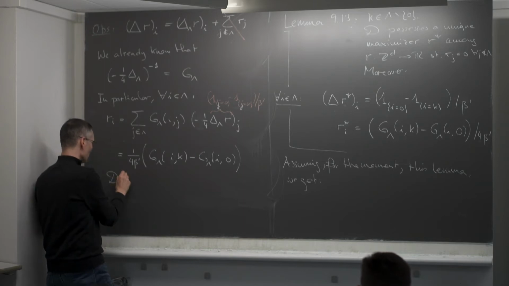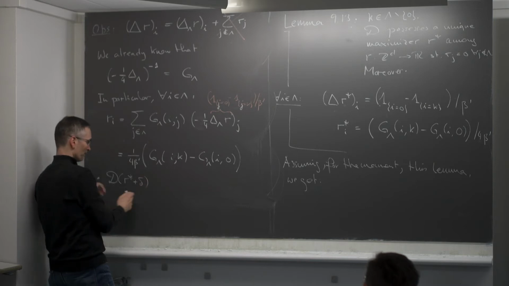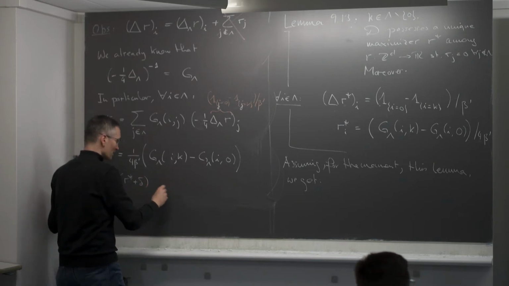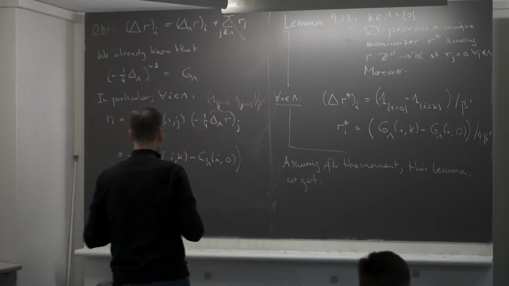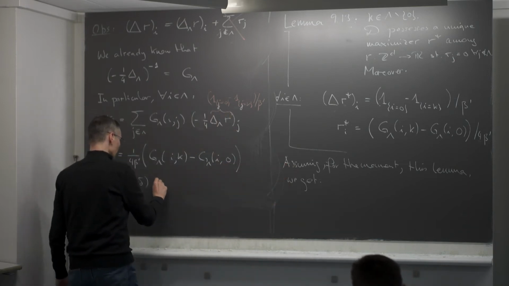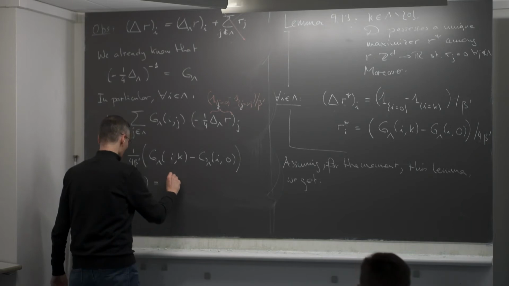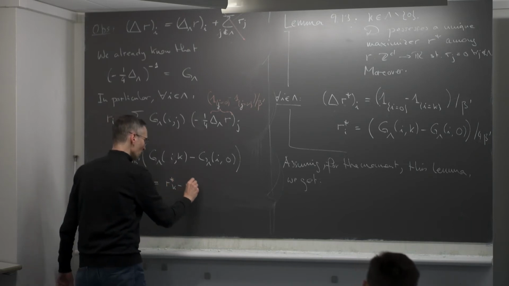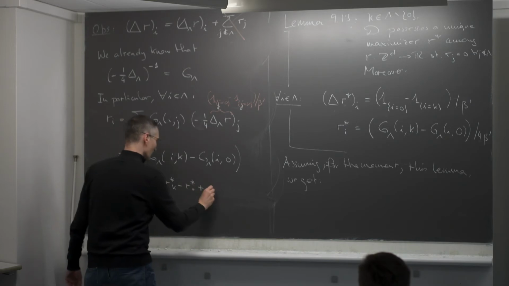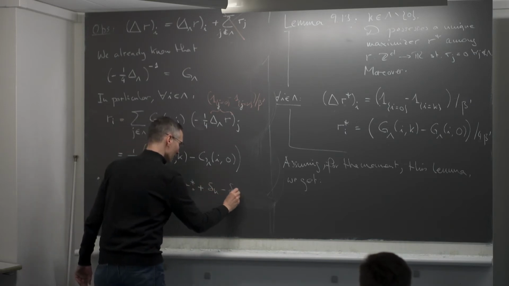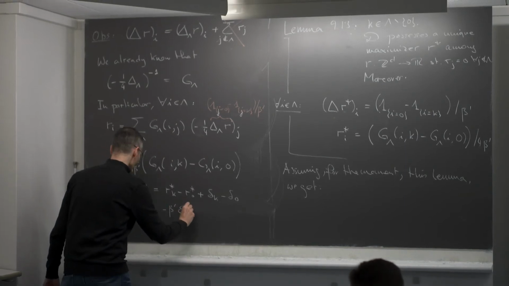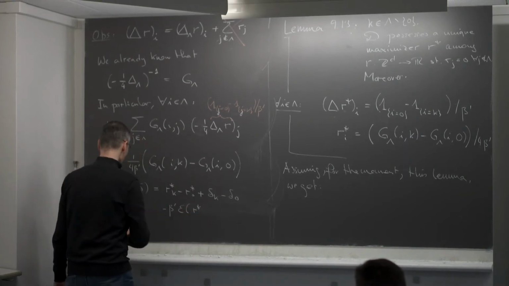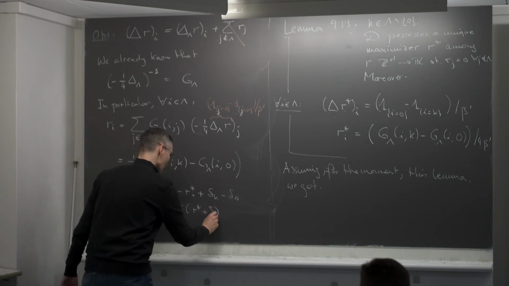So let's compute d of r star plus delta, where delta is as usual vanishing outside the box lambda. Then this is equal to r star k minus r star 0 plus delta k minus delta 0, minus beta prime times the energy of r star plus delta.